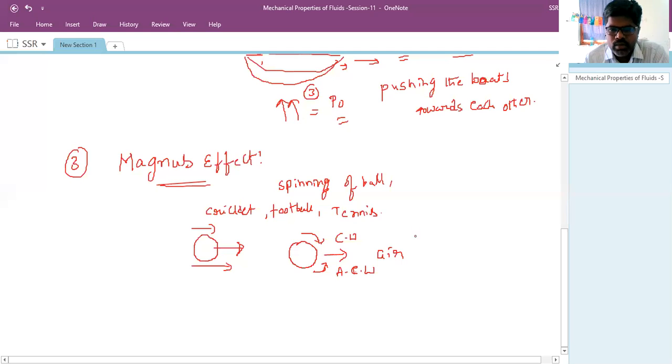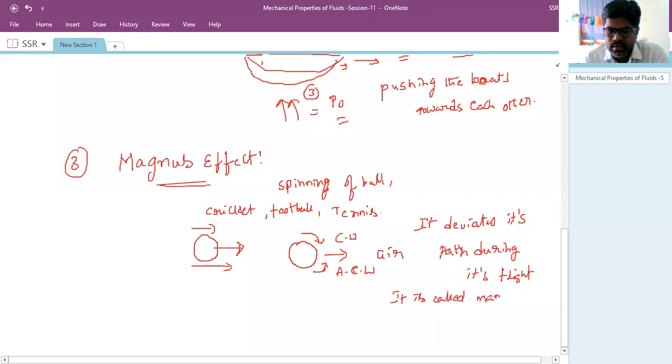Is this point clear? How it deviates its path, I will tell you very clearly.